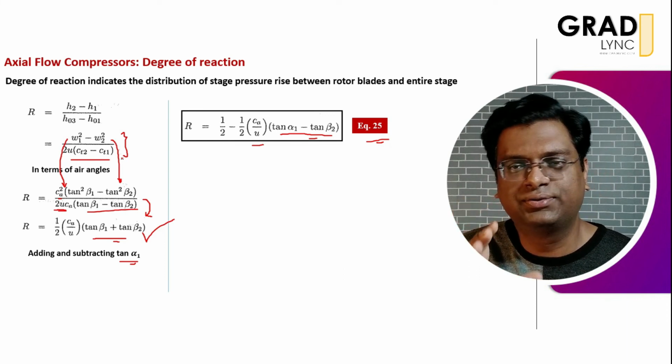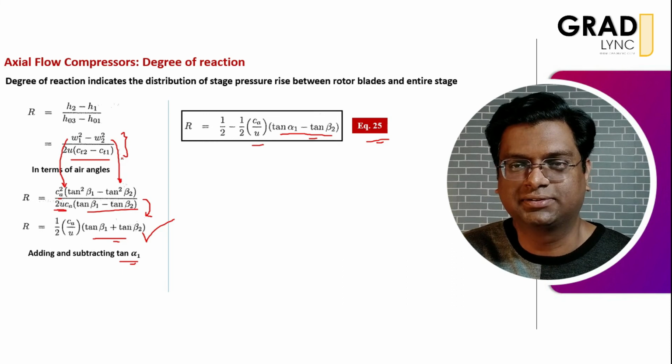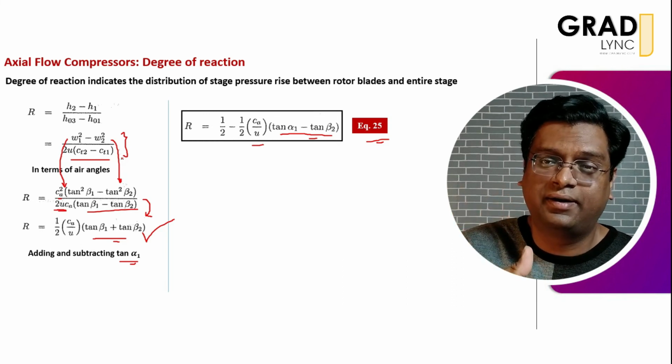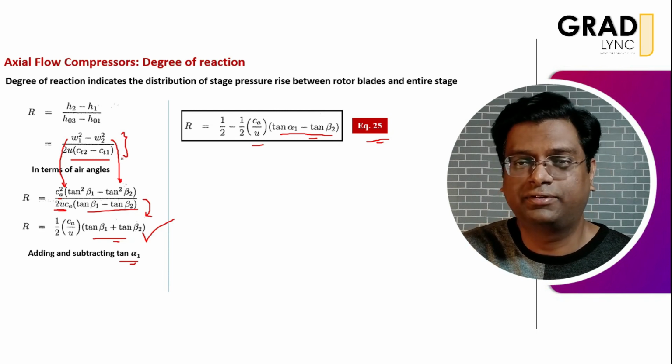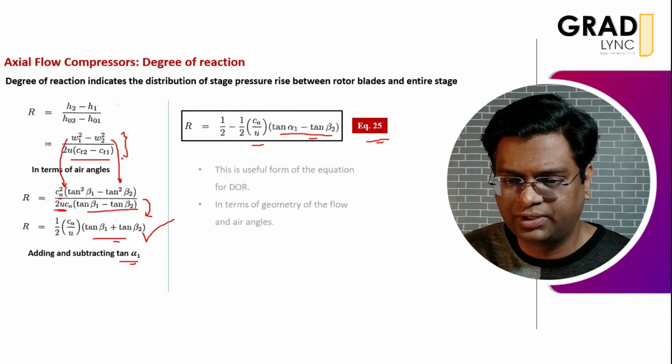If velocity values are not known, then the only parameters available to the designers are the air angles and the blade angles, right? So we utilize air angle and blade angle and derive the degree of reaction. This is very important from the design point of view.